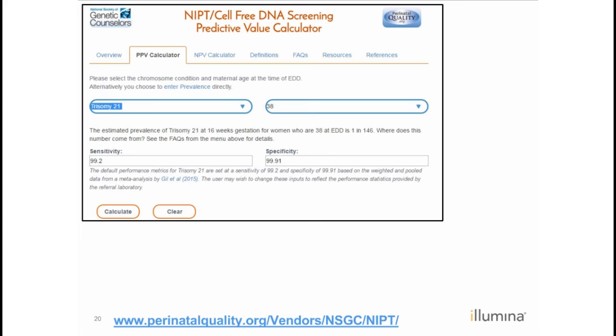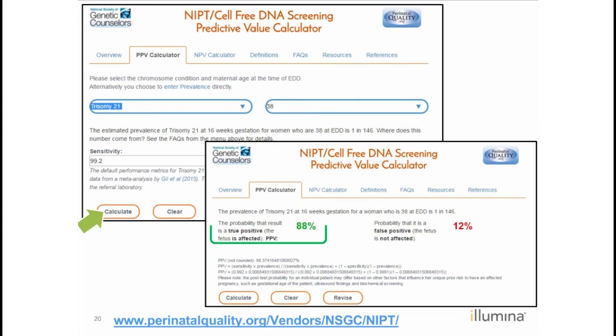You can also adjust the sensitivity and specificity to match your specific test performance metrics. This information will also be used to calculate the PPV. Of note, this calculator can also be used to calculate a negative predictive value for negative NIPT test results.